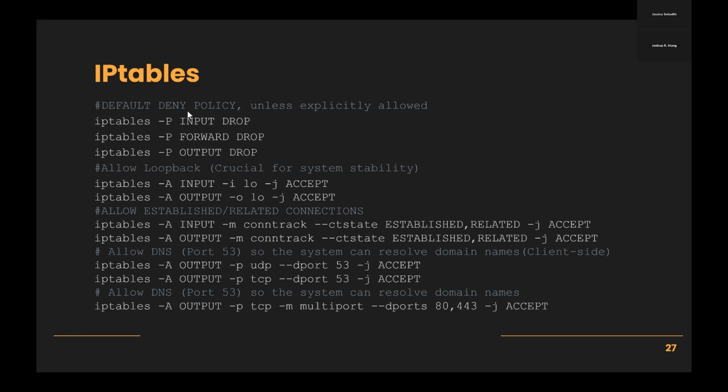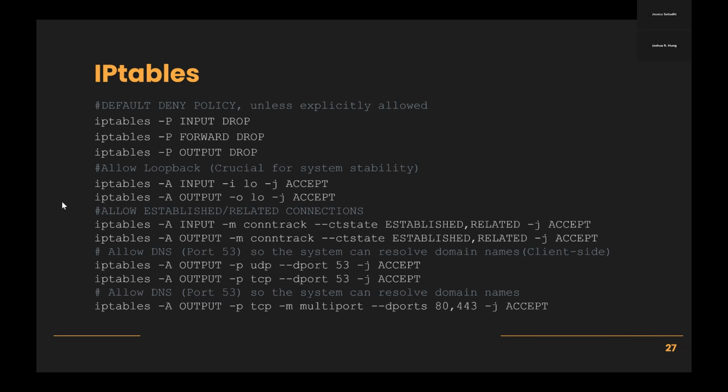Default deny policy, right? You see it's dropping all incoming connections, it's dropping all forwarding connections, and then it's dropping all outbound connections. But actually, if you just set these rules, you pretty much are going to break your system.